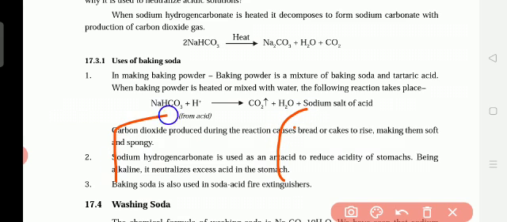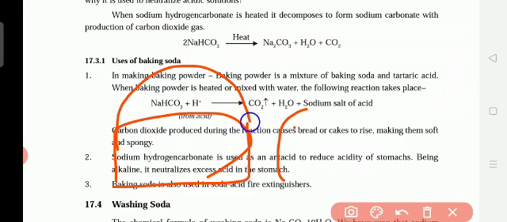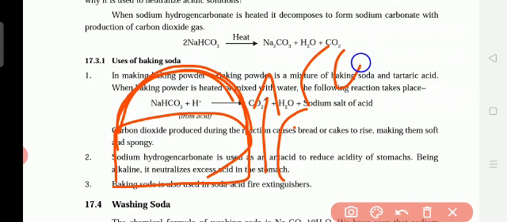For example, the cake size is like this only, but after baking, after heating, the sponge rises up and the quantity increases. During the heating time it releases carbon dioxide, and when it releases carbon dioxide, it becomes very soft.